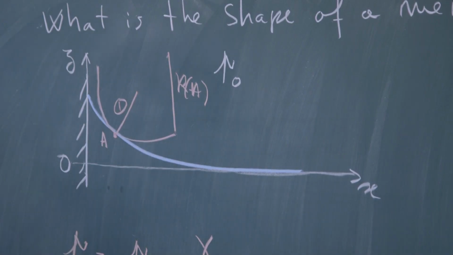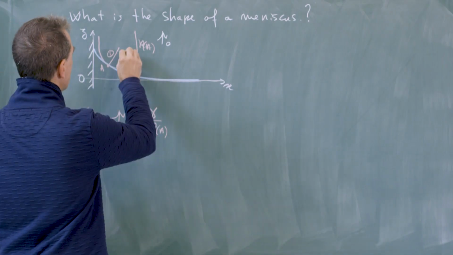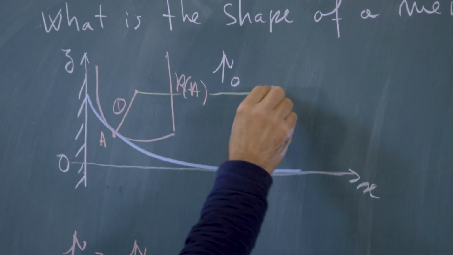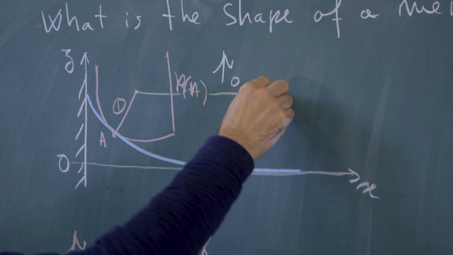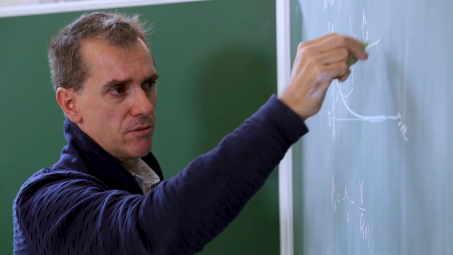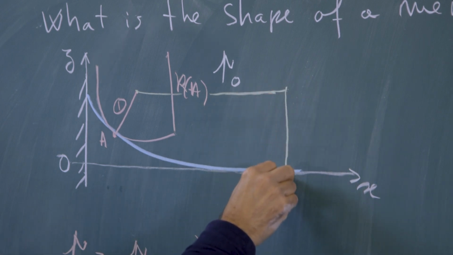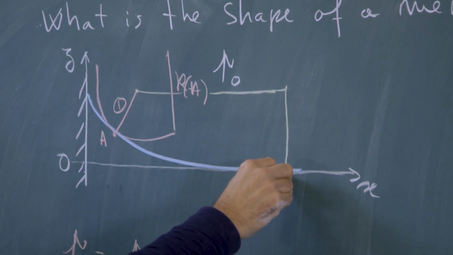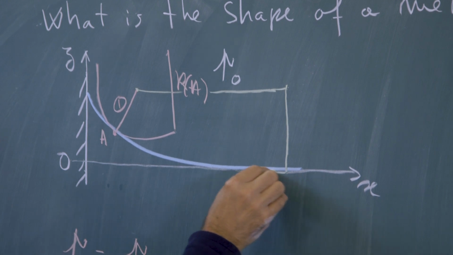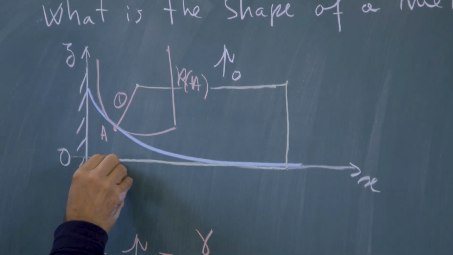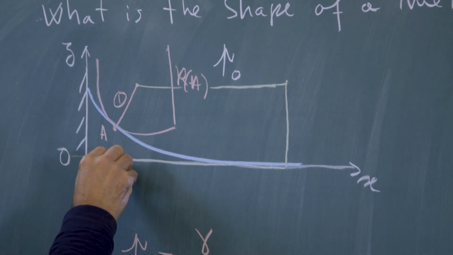And then I'm going to consider a second path. The second path consists of moving from the same point horizontally, so I'm still in the air, so the pressure does not change. And I reach the region far from the wall, which is not curved. So I cross the liquid in the region which is not curved, so the pressure remains P0. And then I move along a horizontal so that the pressure does not change. And I reach this location where I still have P0.